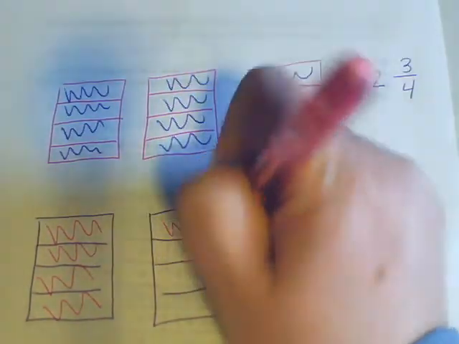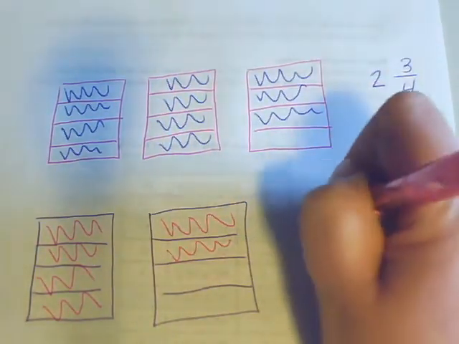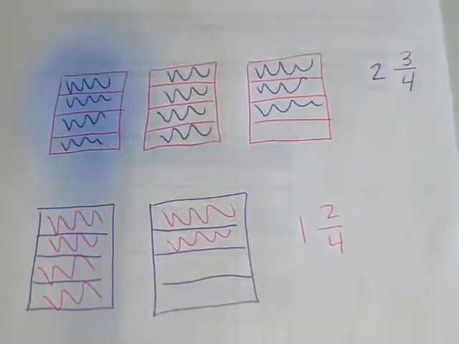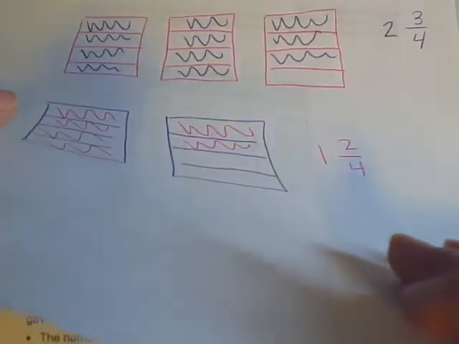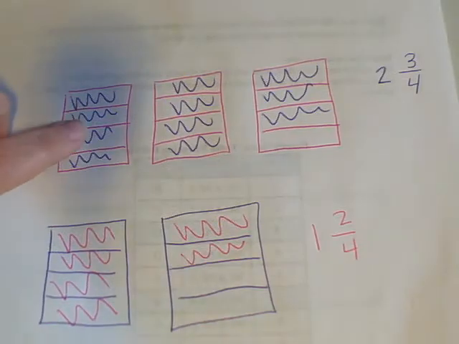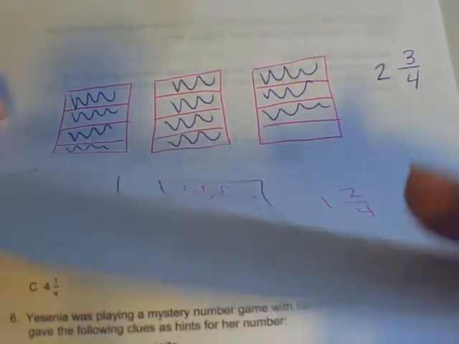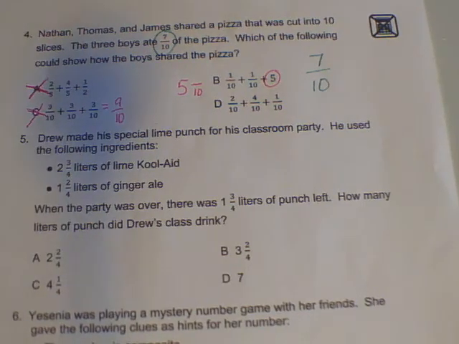And then it said 2/4 liters of ginger ale. So this shows my 1 2/4. So I have right here my lime Kool-Aid, and I have my ginger ale. Okay? The question says, when the party was over, there was 1 3/4 liters of punch left. How much did Drew's class drink?